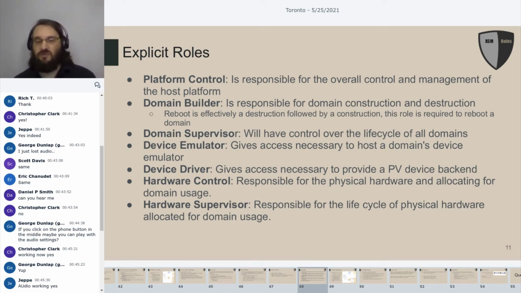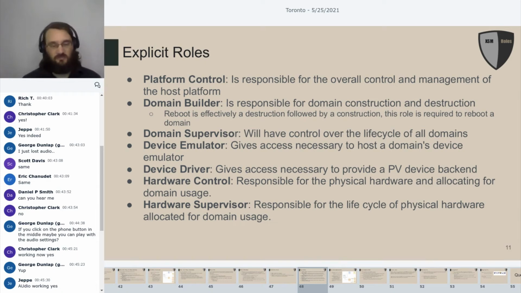Especially since reboot is pretty much a destroy and recreate, the domain builder role is necessary to reboot a domain. Domain supervisor is the one that's looking out over all the domains, doing the lifecycle management over the domains. Device emulator is the one providing device emulation for a domain.